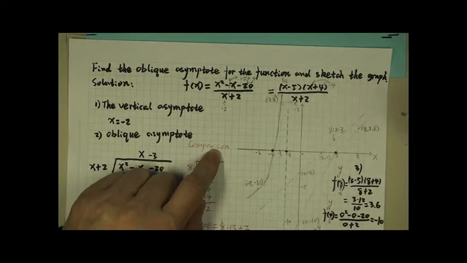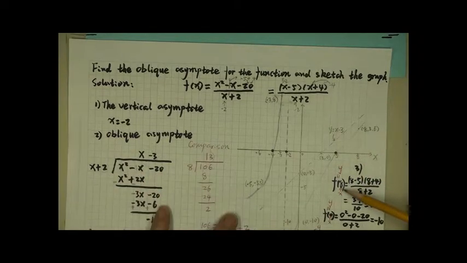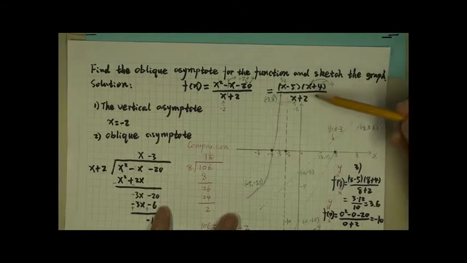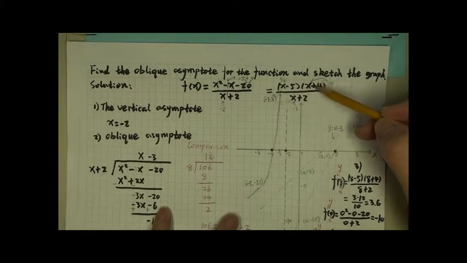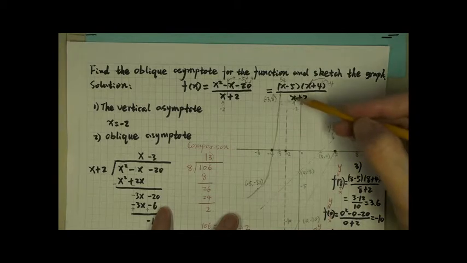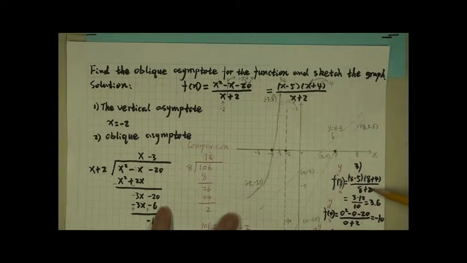Again, you want to test among those 4 parts, where is positive, where is negative. Okay, so choose a point bigger than 5. Here I chose 8. If you plug in 8 here, 8 minus 5 times 8 plus 4, and here is 8 plus 2.